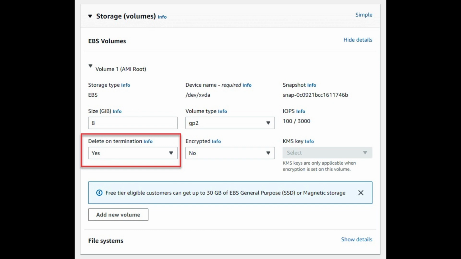By disabling the Delete on Termination attribute for the root volume, you ensure it remains intact even when the instance says goodbye. Preserving data integrity is crucial, and the Delete on Termination attribute empowers you to make decisions aligned with your storage strategy. Whether it's about retaining configurations, application data, or other critical information, you have the control to manage your EBS volumes effectively.